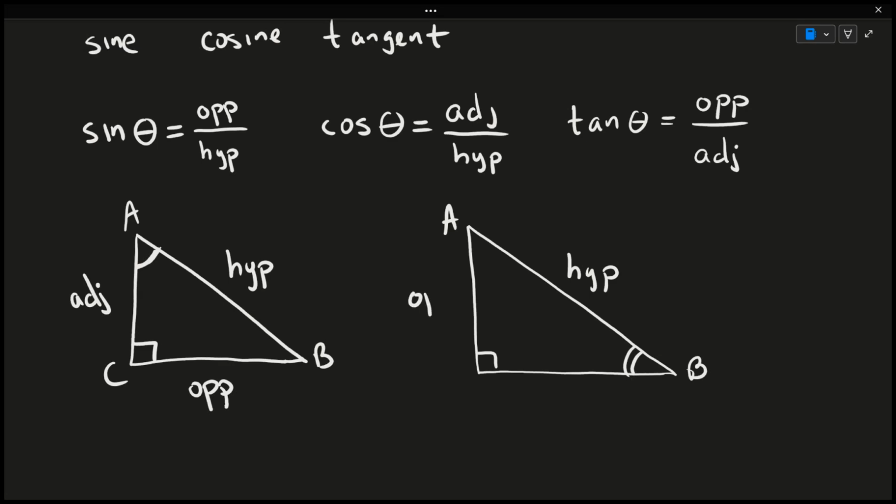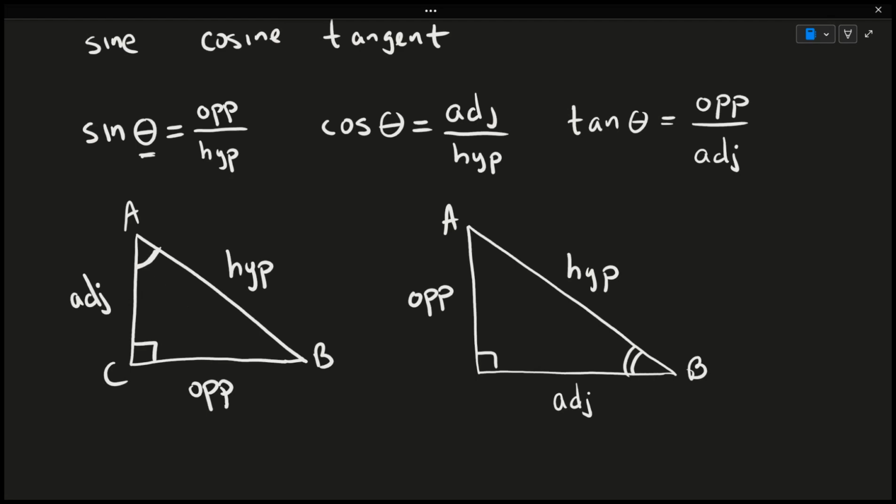Now this is the opposite leg, and this is the adjacent leg. The hypotenuse is always across from the right angle. But the adjacent leg and the opposite leg are relative to the given angle, the given theta.